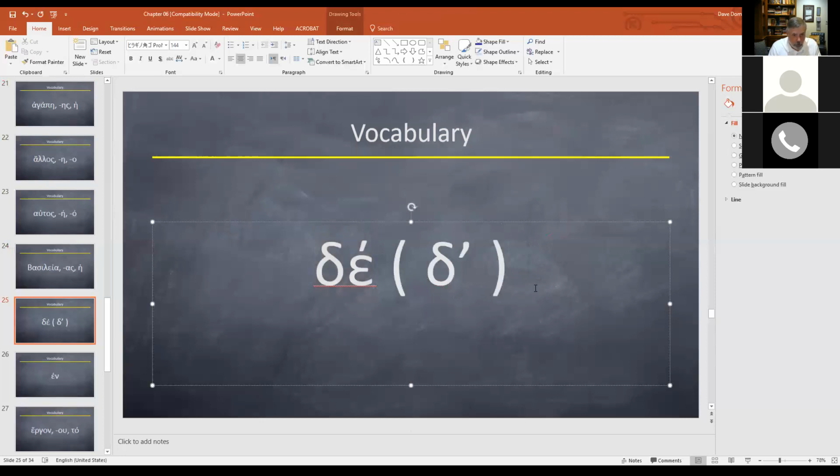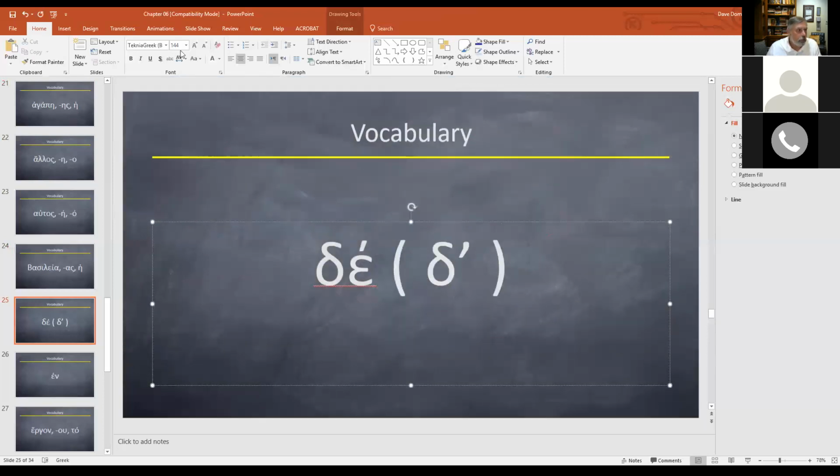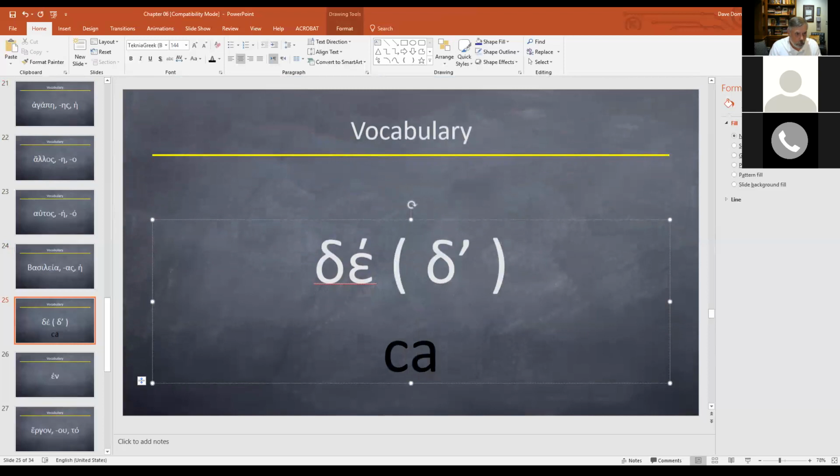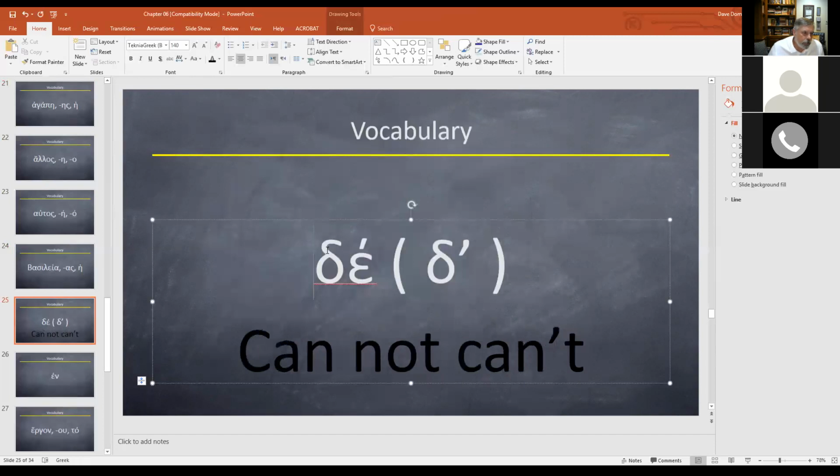C-A-N. Can not, or can be written as can't, with an apostrophe. Well, some words would do the same thing. I can have de, or I can have this little apostrophe.